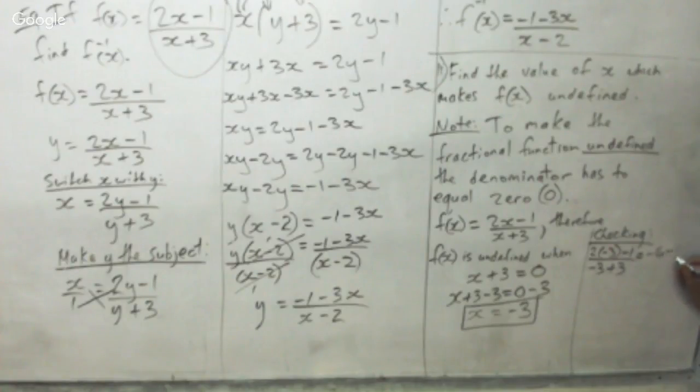Negative 6 minus 1 over 0, so you get negative 7 over 0. So this works out to be undefined. But you found the x value which makes it undefined.